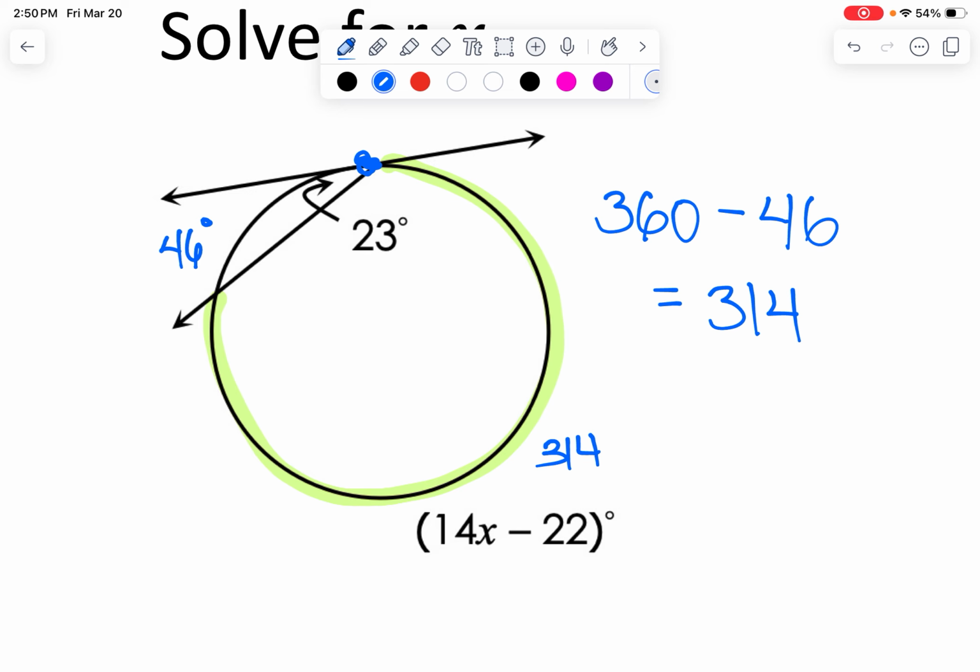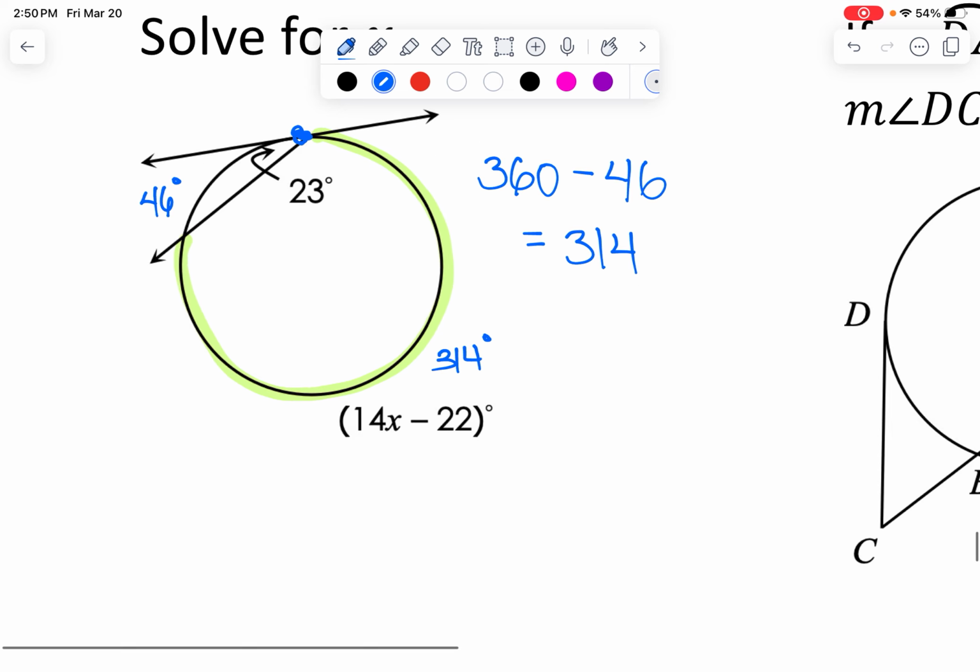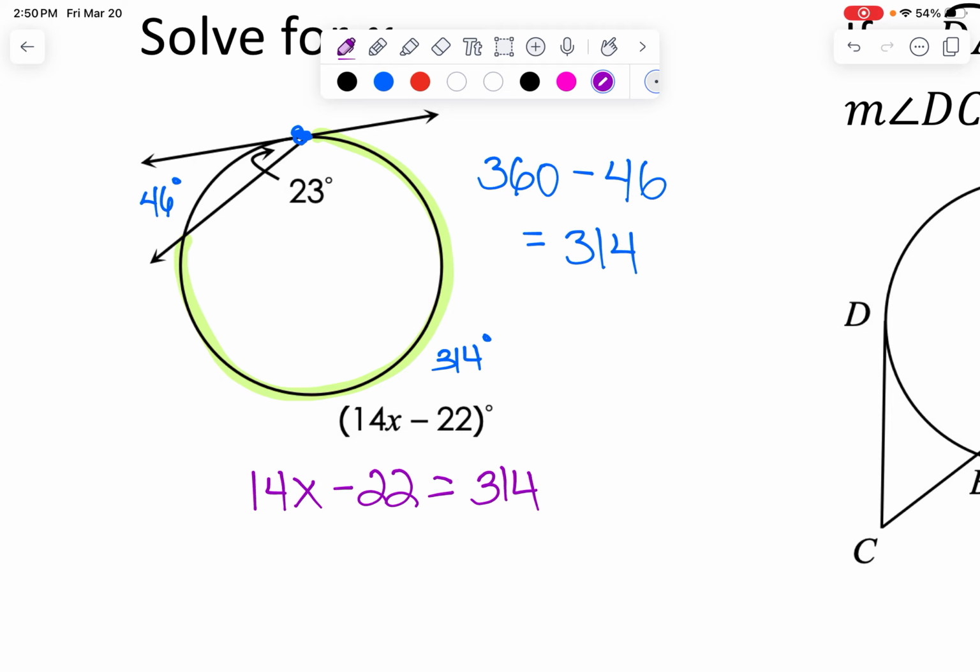So to solve this, I would go 14x minus 22 equals 314. Okay, add 22 to both sides. I get 336.